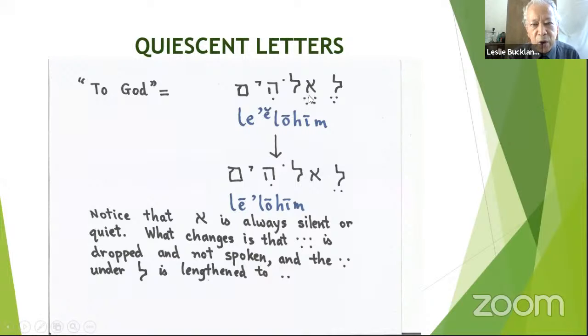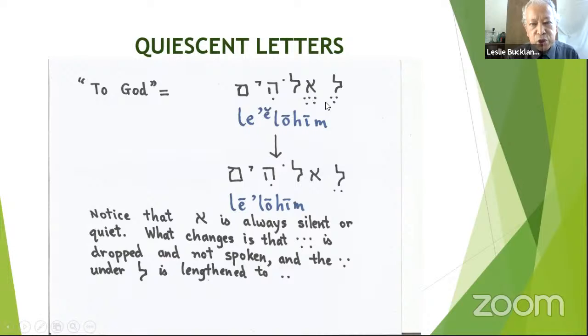Now, the short vowel in this composite Shawa is the short vowel Segol, which looks like an upside down triangle, or as the Israelis would say, it looks like a cluster of grapes hanging down from the grapevine. That's what they identify Segol as, a cluster of grapes hanging down from the grapevine.